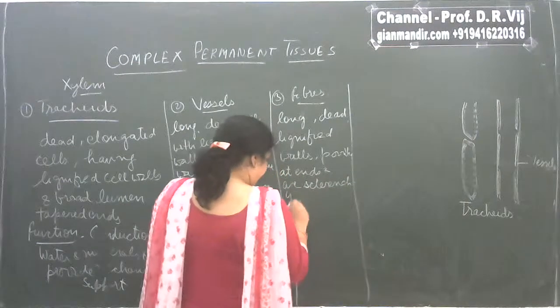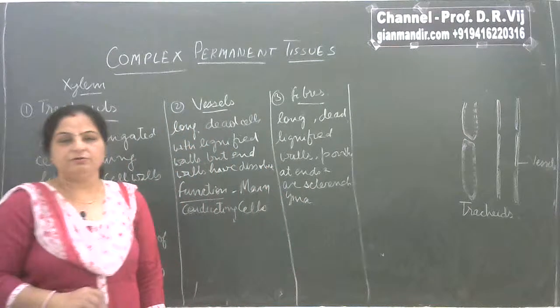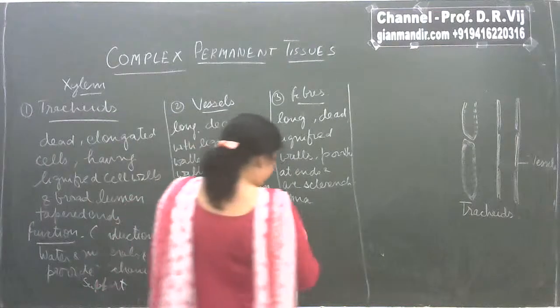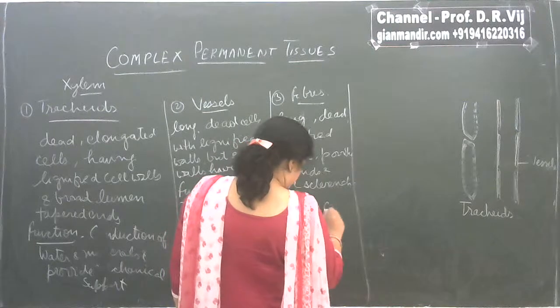So these xylem fibers are sclerenchyma. That's why these are also known as sclerenchymatous tissue, or also known as wood fibers.